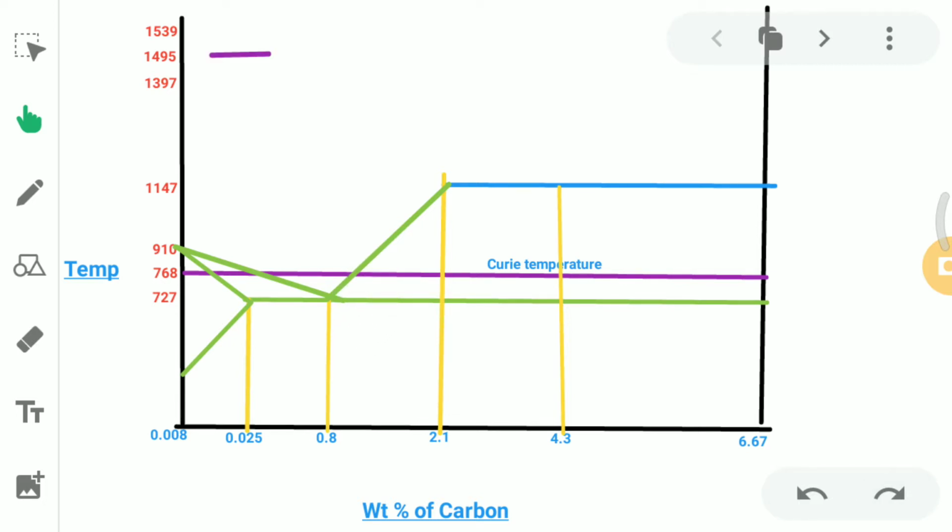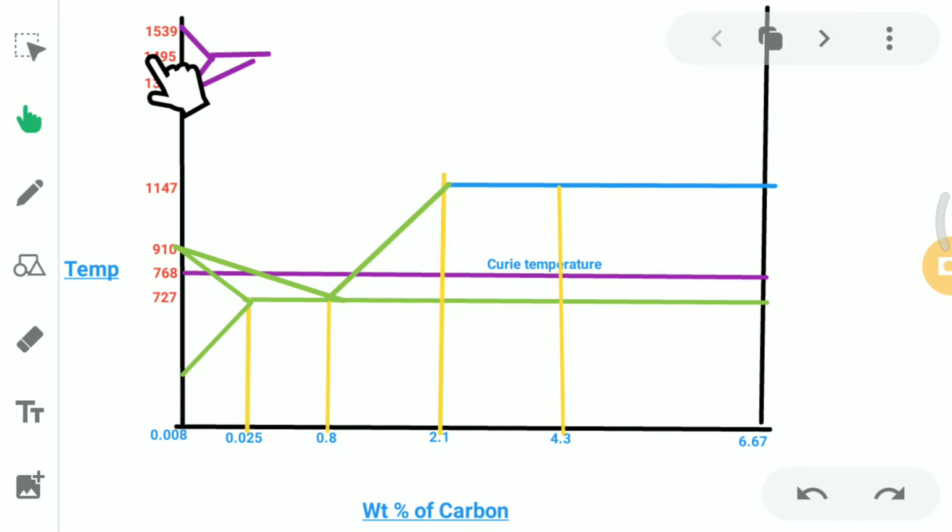Next, coming to the top, draw a horizontal line at 1495 degrees temperature, and draw 1539 to 1495 and 1397 to 1495.